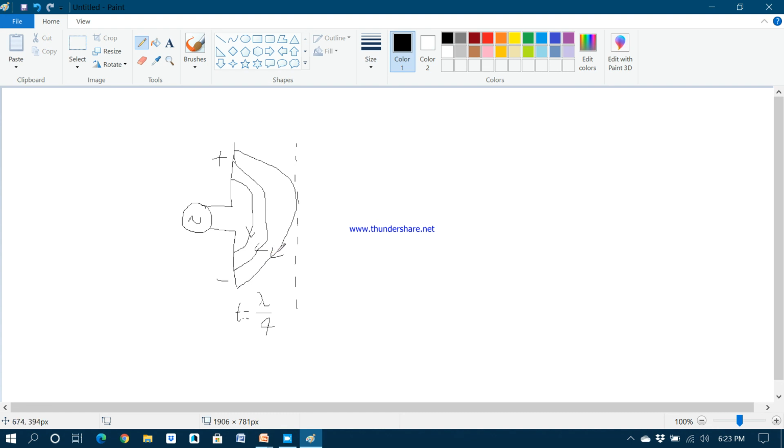So this is for a lambda by 4 time period. If the source is continuously exciting, the waveforms automatically travel from positive to negative.